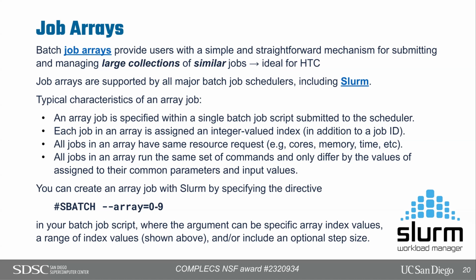It really is a way to submit and manage a large number of similar jobs, right? And if you go back to that definition of high throughput computing, many similar, small, independent jobs. This is the feature of most job schedulers that is most ideal for running high throughput computing like workloads on whatever system they're running on, right?